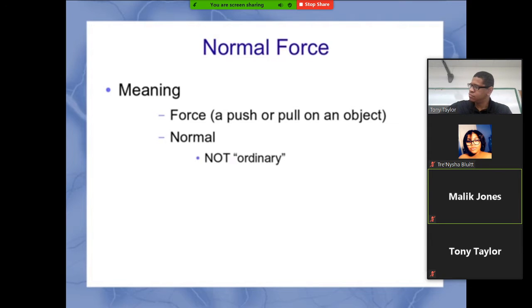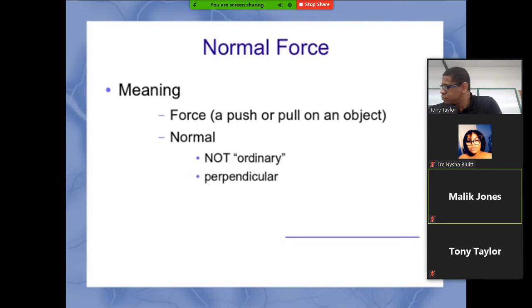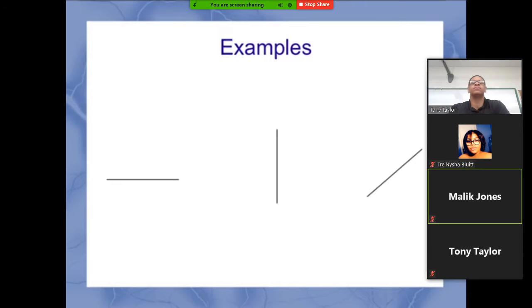Instead, we're talking about a mathematical definition of normal that refers to the perpendicular. So for example, if I have a surface, my normal force is always going to be at a 90-degree angle, perpendicular straight out from that surface. And I use the F with a sub n as my symbol for it, both capital F and capital N. So here's some examples.